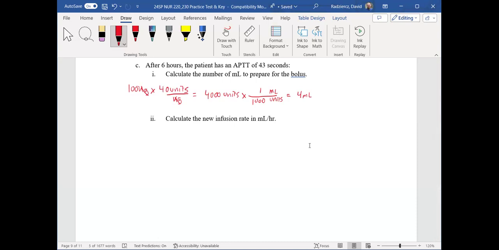Anyone have a question on where I'm getting 20 from? So 100 kilograms times 20 units per kilogram per hour.